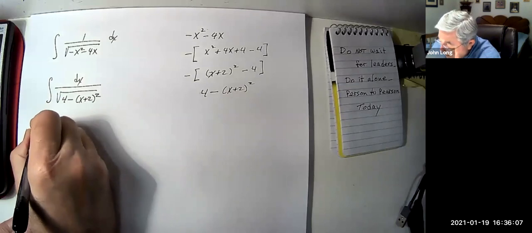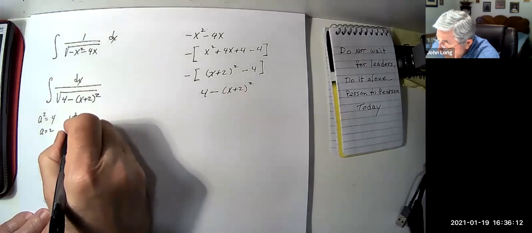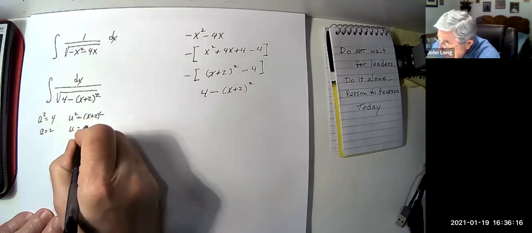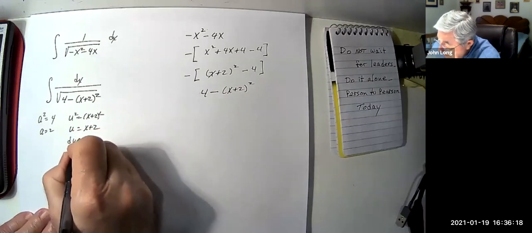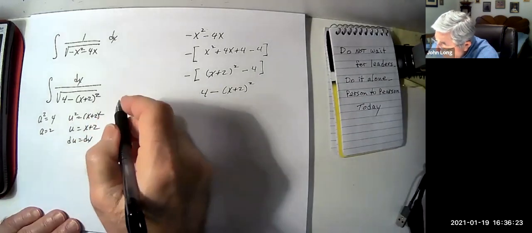So again, a squared is 4, a is 2, u squared is x plus 2 squared, u is x plus 2, du is dx. Fits the arc sine formula perfectly.